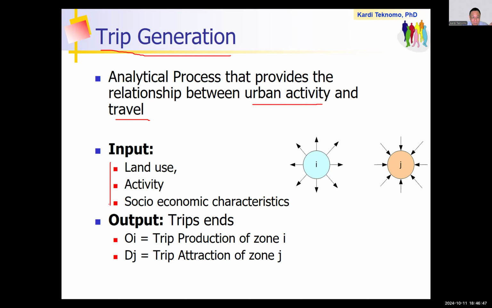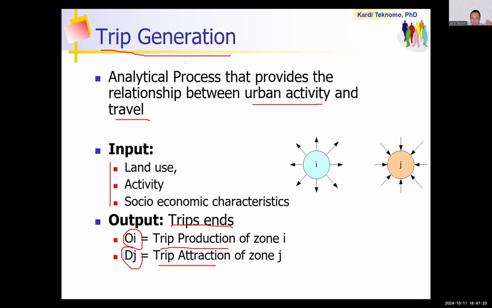The land use is an input, the activity is an input, socioeconomic is an input. And then the output is what is called trip end. We have trip production and trip attraction. We will use the symbols O_i and D_j, where O means origin and D means destination.